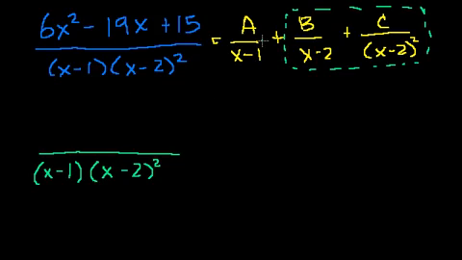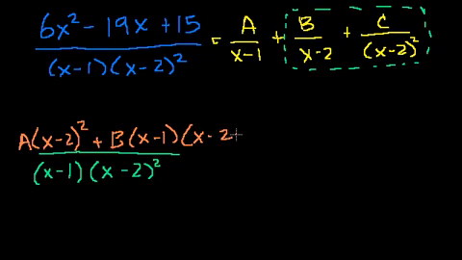And the numerator is going to be, let me do it in a different color, a times x minus 2 squared. If we cancel these out, you're just left with a over x minus 1, plus b times x minus 1 times x minus 2. If we cancel out the x minus 1s and one of these x minus 2s from down here, you're just left with b over x minus 2, plus c times x minus 1.